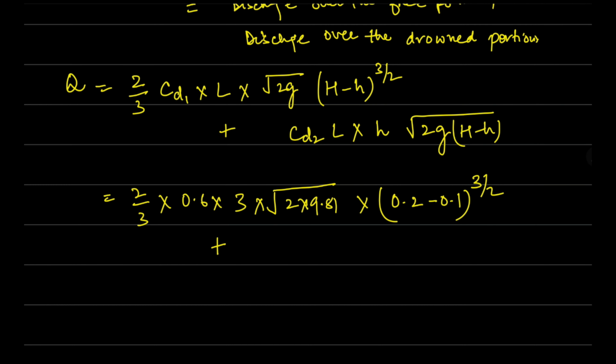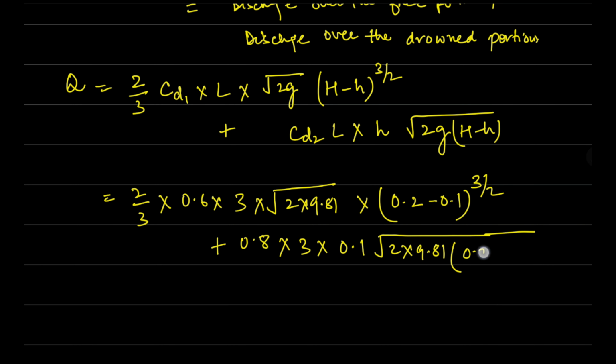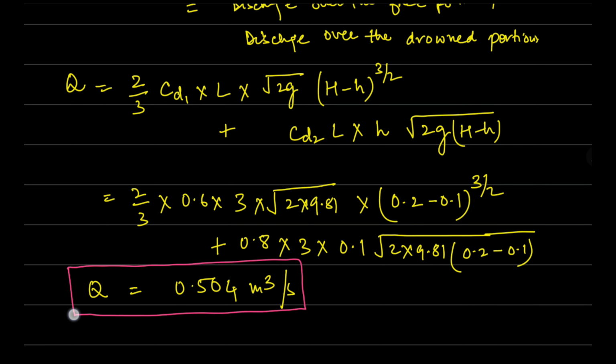So CD2 is given as 0.8, and then L is 3 meter, and then small h is 0.1, multiplied by the root of 2 multiplied by 9.81, and then capital H is 0.2 minus small h is 0.1. So if we solve this problem, the total discharge is coming out to be 0.504 cubic meter per second. So this is our answer for the drowned weir.